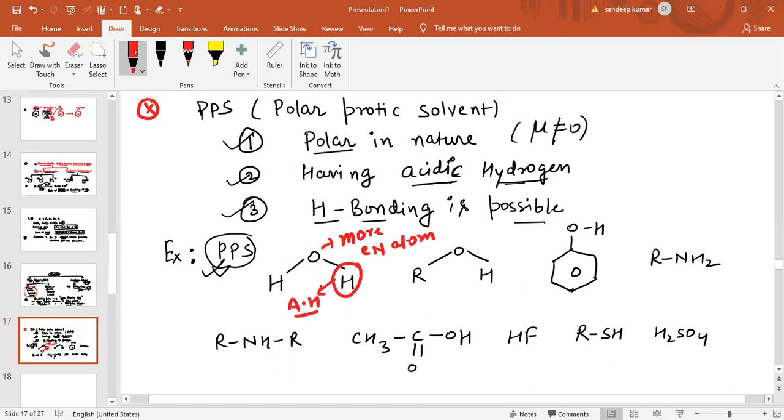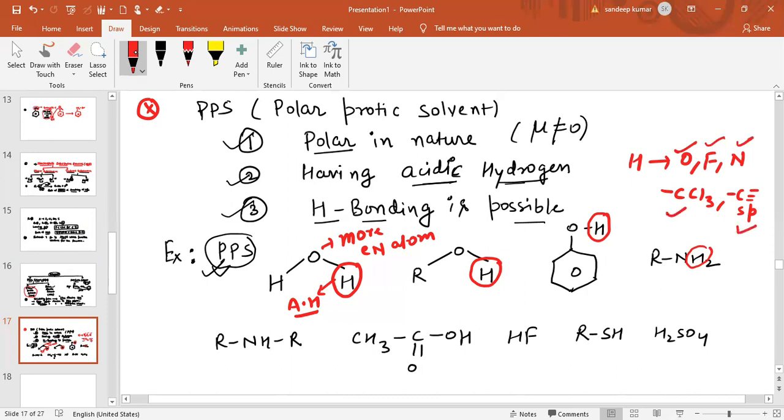In the same way, hydrogen is attached with more electronegative atoms like oxygen, fluorine, nitrogen, and CCl3 and sp hybridized carbon.